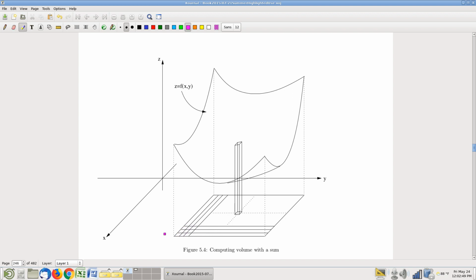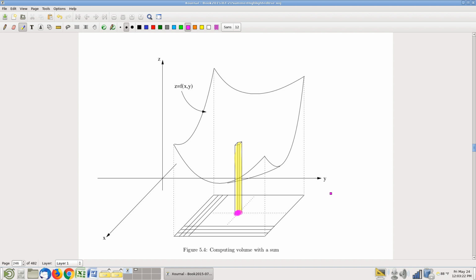Now, beware, not every question in life has the following property. But is it true that if I look at the volume sitting over each individual little piece, and I add over all the little pieces that I chop the domain into, I appeal to your geometric intuition, is the sum of these individual volumes going to give me the total volume?